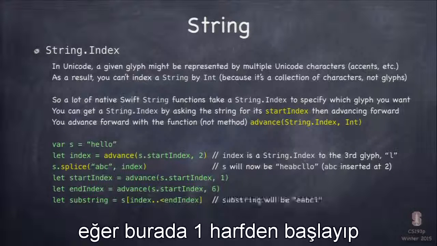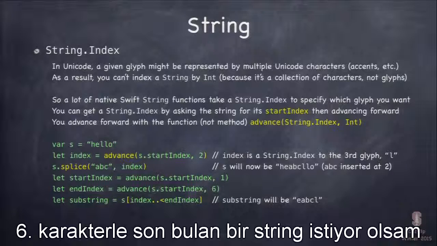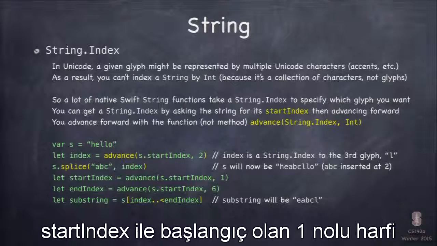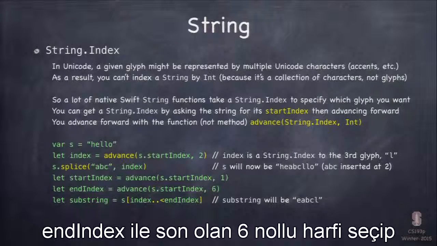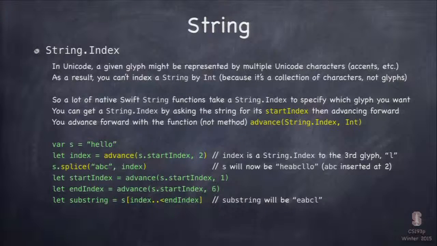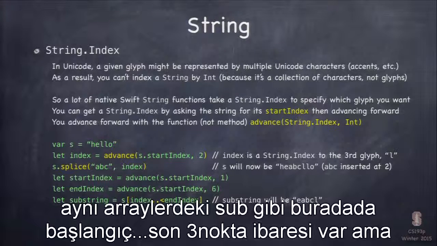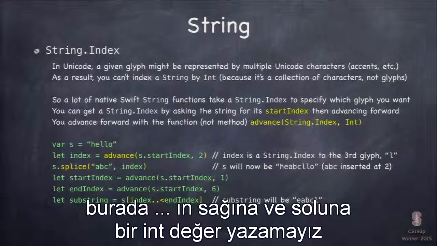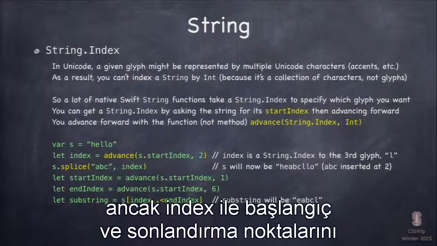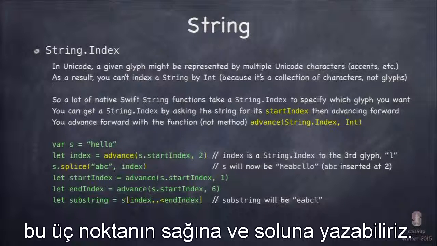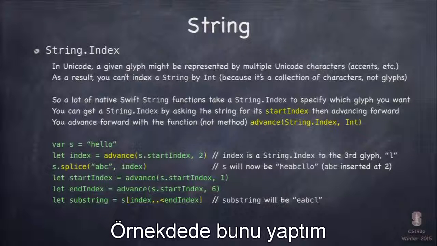Also, if I've got two local variables, start index and end index, which I made by advancing the start index by 1 and 6, so I want to go from index 1 to index 6, then I could get a substring. And I get a substring in a string exactly the same as in an array, square brackets, string, square brackets, but inside the square brackets goes a range, and the range, the dot dot dot thing, has to have a string dot index on the left and a string dot index on the right, not ints.